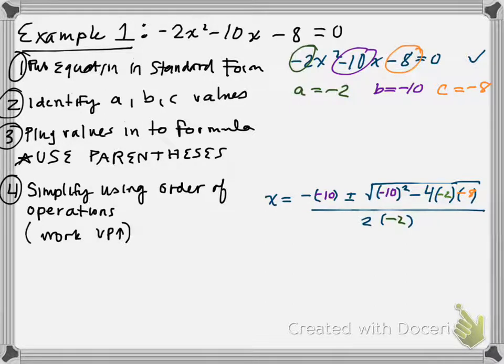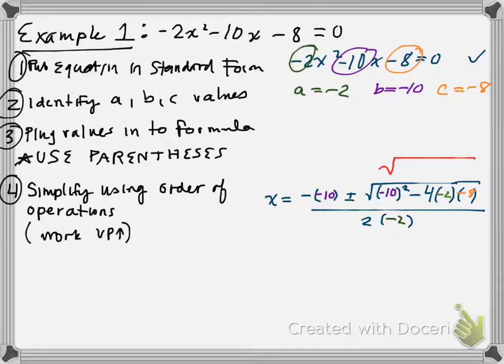I'll show you what I mean by that. Instead of having to rewrite the entire formula every single time, we're going to work up above the square root to simplify what's in the root first, and then continue from there.